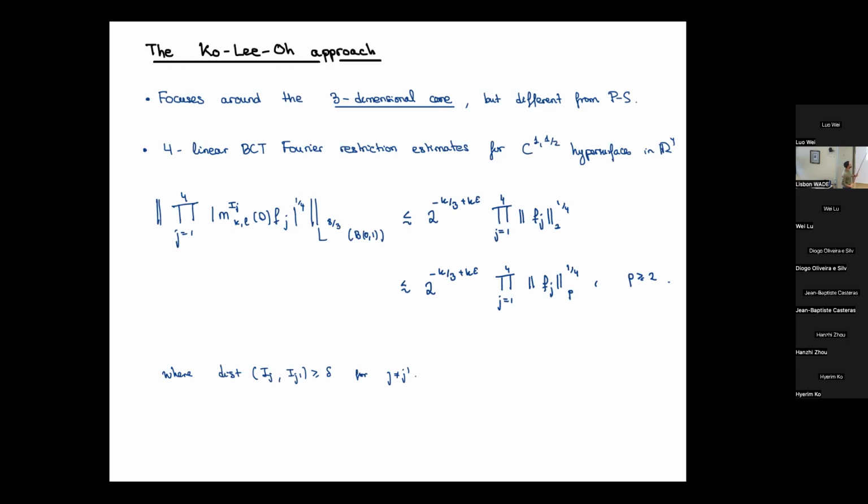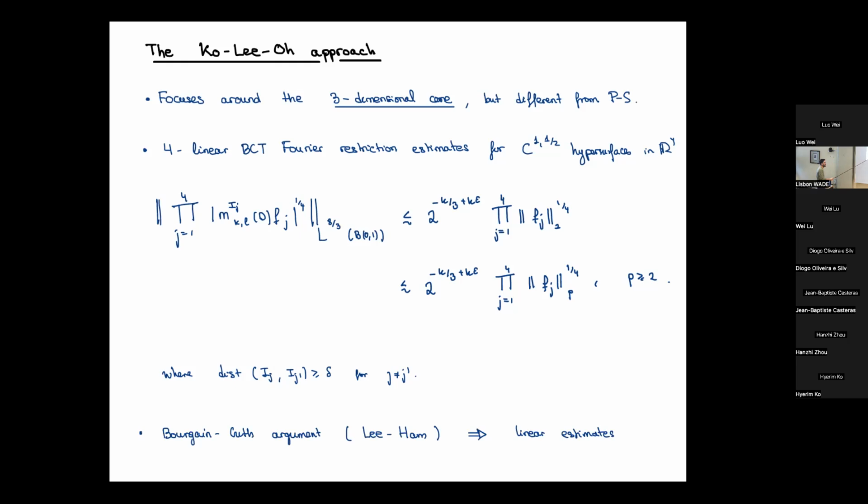They have this multilinear estimate, and using multilinear estimates, they can transfer them to linear and prove it. But they use strongly the setup of the three-dimensional cone, very differently from Pramanik-Seeger. Instead of projecting an argument to a lower dimension, they do it in the right dimension, the dimension where they live. That's how they approach it, and that's going to be relevant.